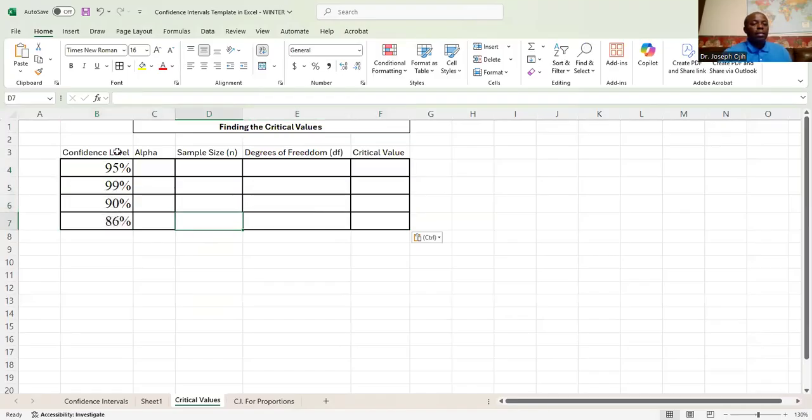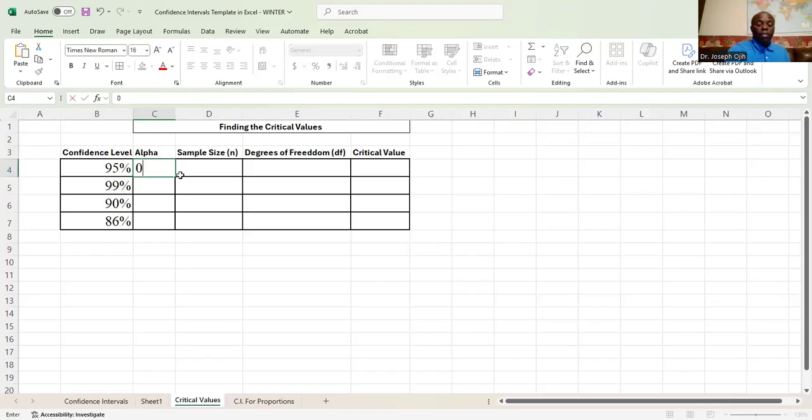So you have the sample size and this is alpha, the confidence level, then alpha. If you're 95% confident, your chance of being wrong is 5%, so your alpha will be 0.05. If you're 99% confident, your chance of being wrong is 1%, which is 0.01.